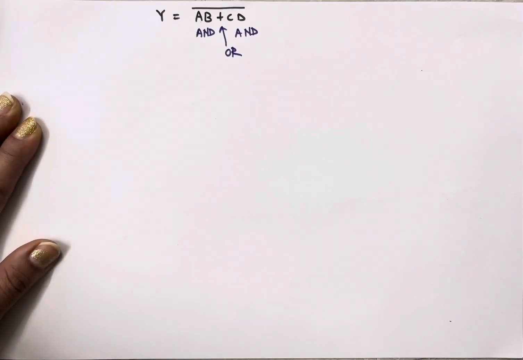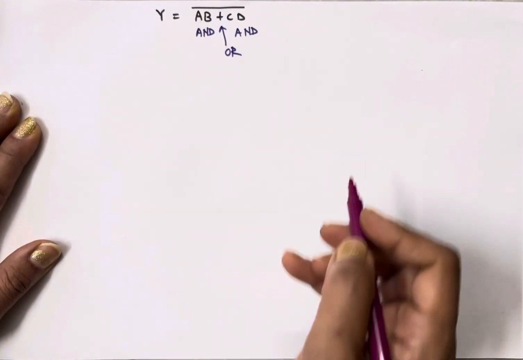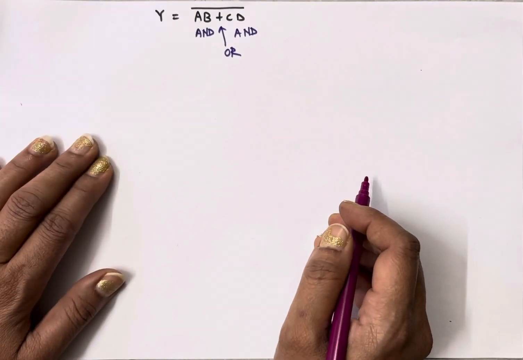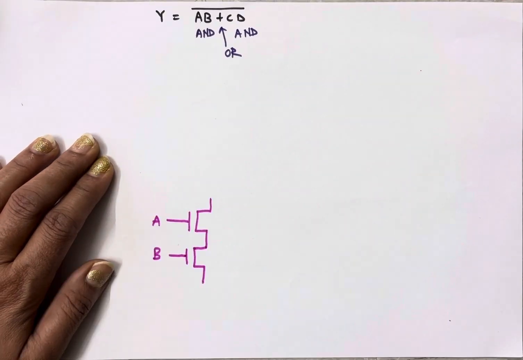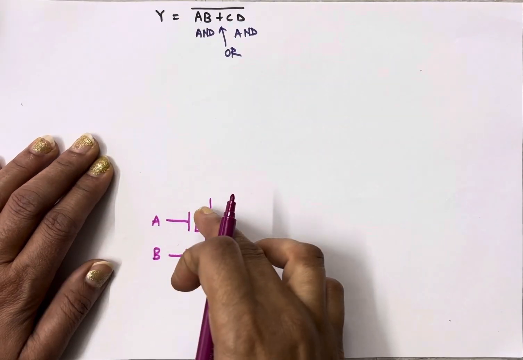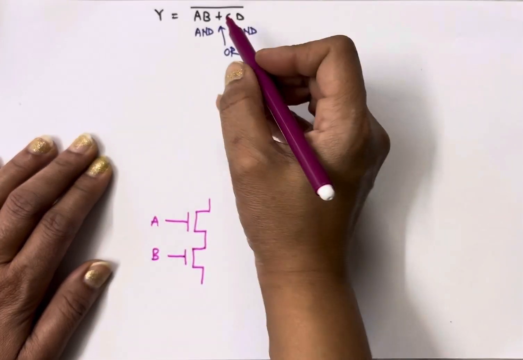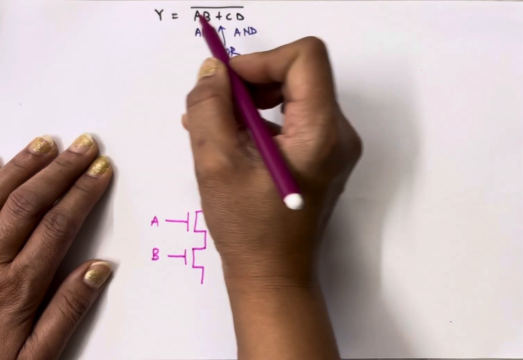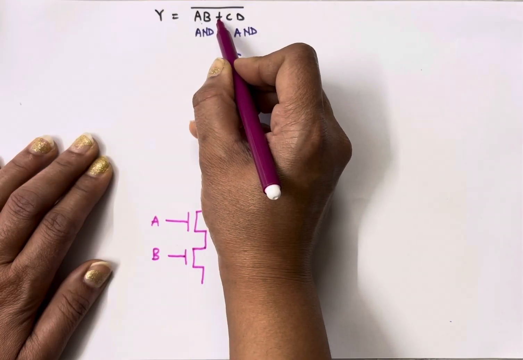So let's start with pull down network. A, B, AND operation. So to implement AND operation, NMOS must be connected in series. So here A MOSFET and B MOSFET are connected in series. Similarly, C and D are also connected in series. But here between first term and second term there is an addition operation.